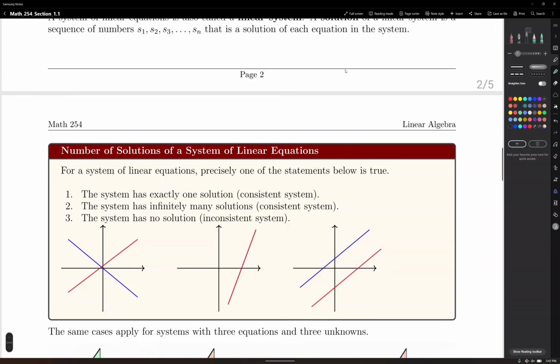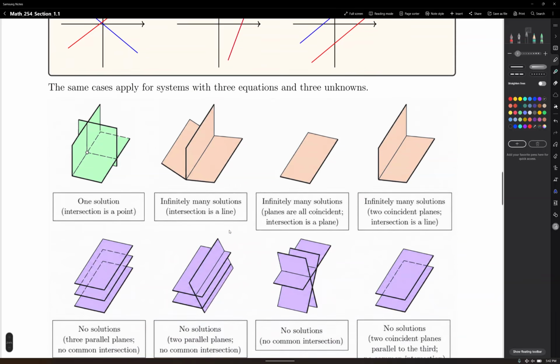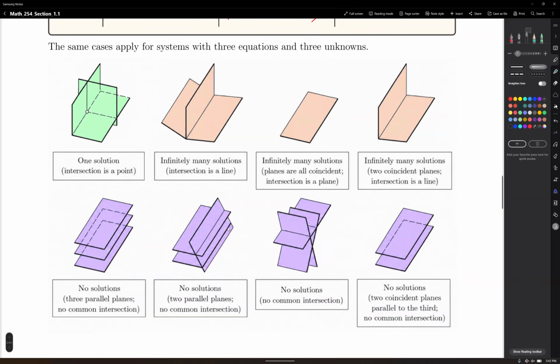Let's put our 3D glasses on and see what it means to solve a system of linear equations with three equations and three unknowns. That green picture represents the unique solution, when we have the three planes intersecting at only one point. In the following three cases with the pink color, we have the planes intersecting at infinitely many points.